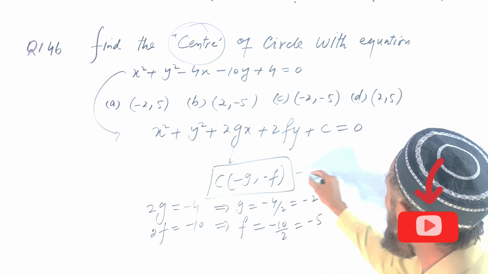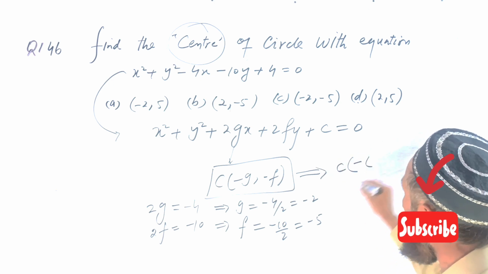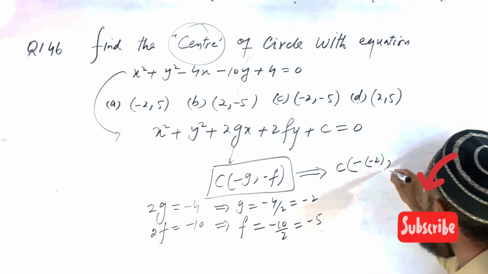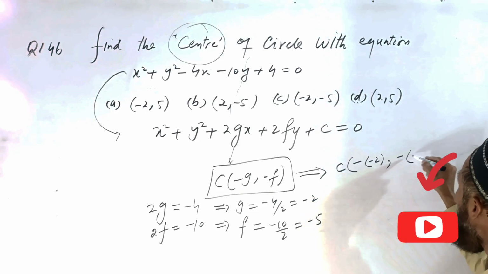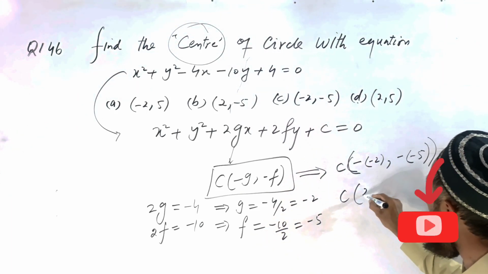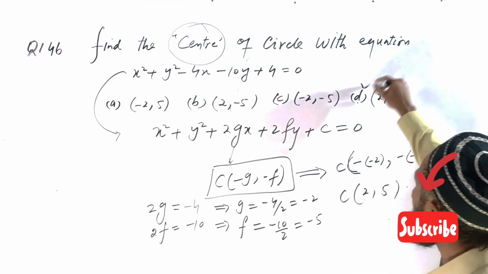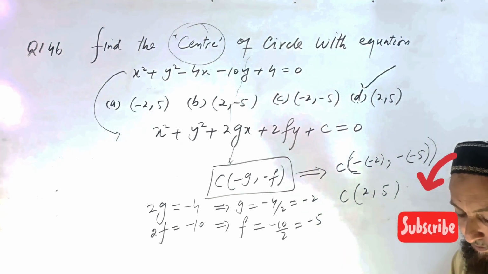If we substitute the values in the center (minus g, minus f), g is already minus 2 and f is already minus 5, so the center will be (plus 2, plus 5). So option D is the correct option.